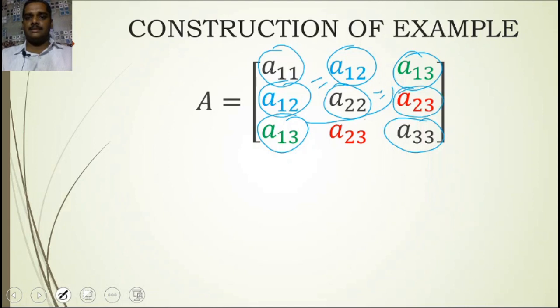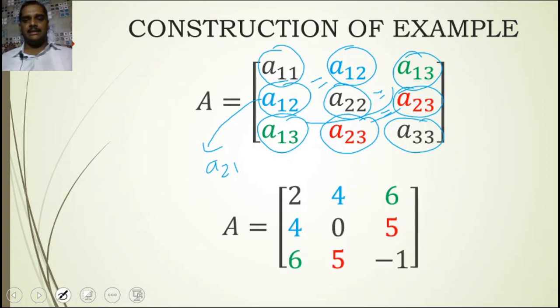And these two elements I'm denoting by the same color because they will match for the construction of a symmetric matrix. In this matrix, this element is actually a21, but I'm not writing a21 because a21 equals a12. So instead of writing a21, I'm writing a12. And similarly for the others.